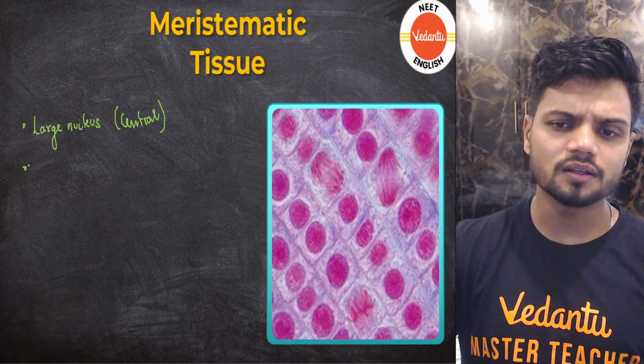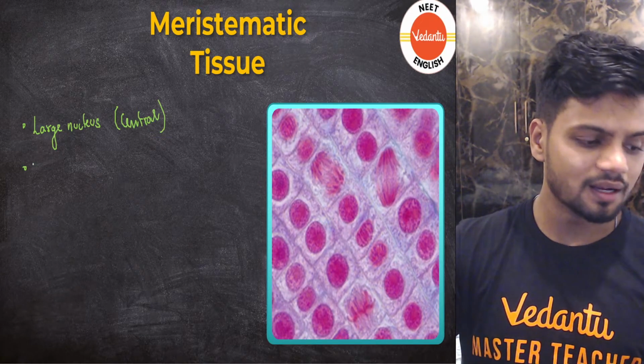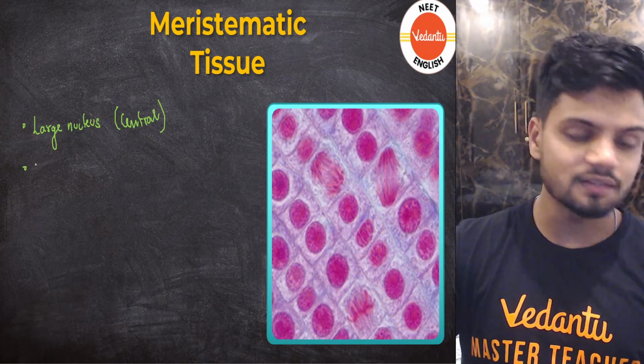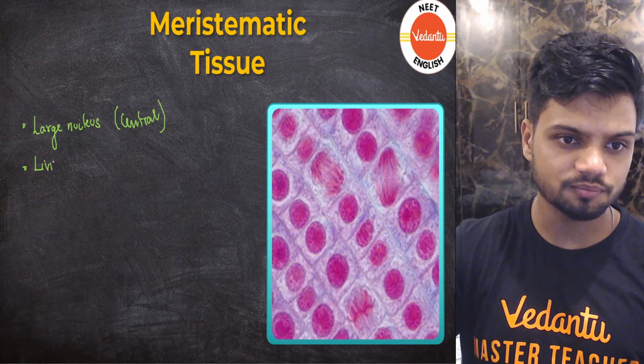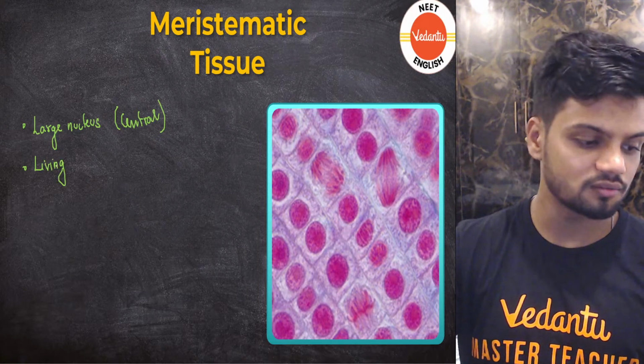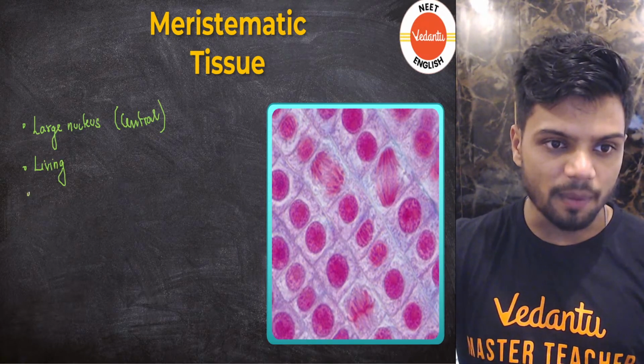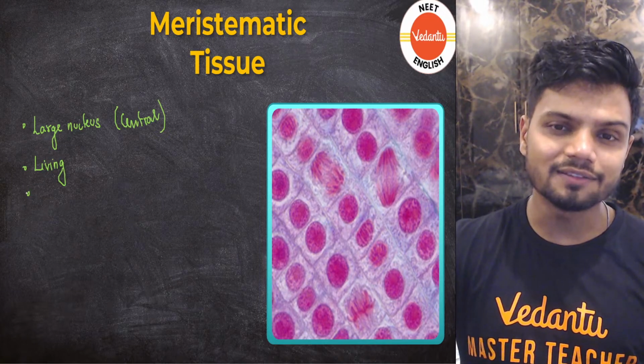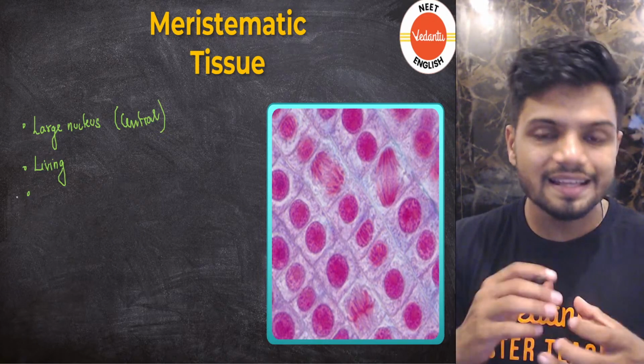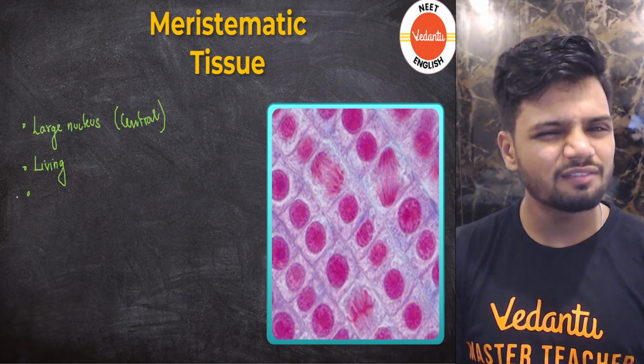Now apart from that, these are dividing cells. So they're living in nature. Now, every single dividing cell, do they have dense protoplasm or very weak protoplasm?